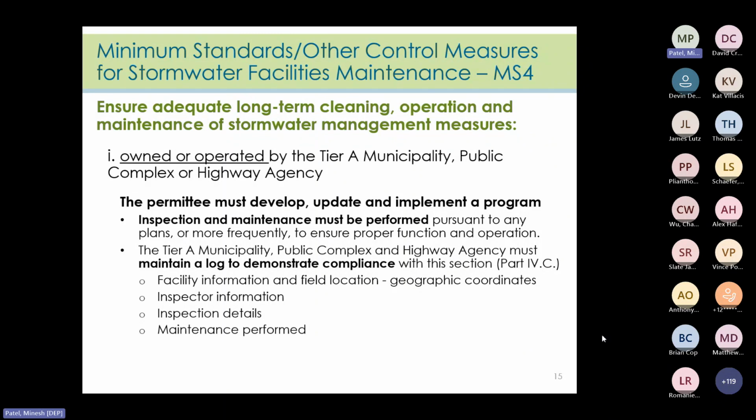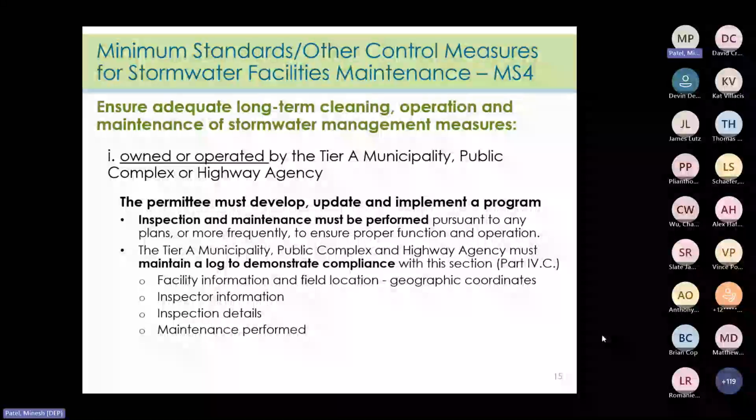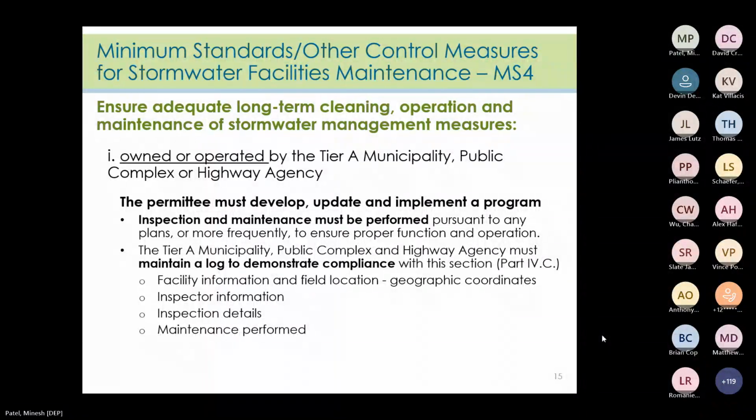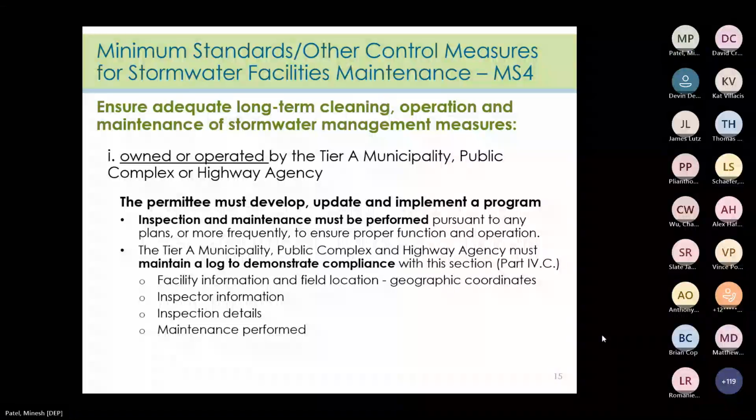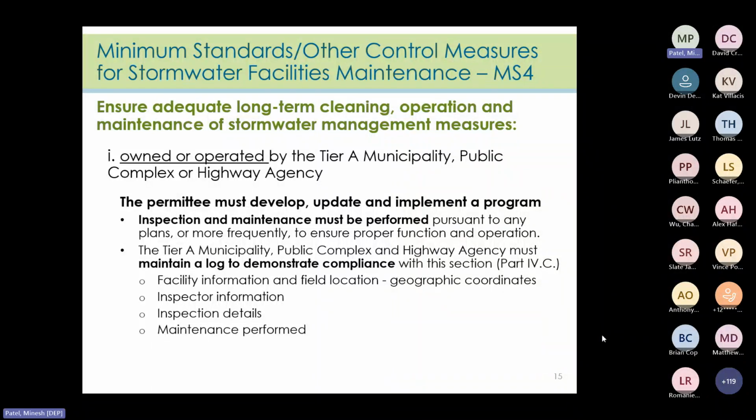Inspection and maintenance must follow the plans or be performed more frequently than the plans state. A logbook needs to be maintained to show compliance with this section. If you're looking for more specifics, there are more details of this in the permit, which you can read about further.